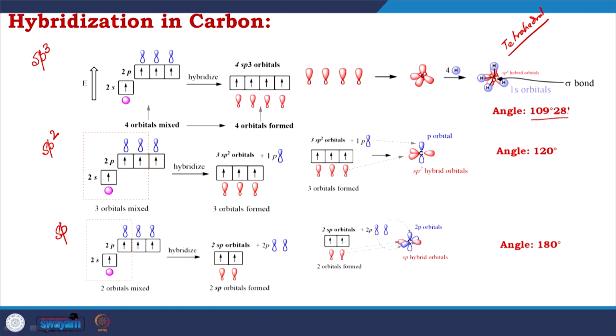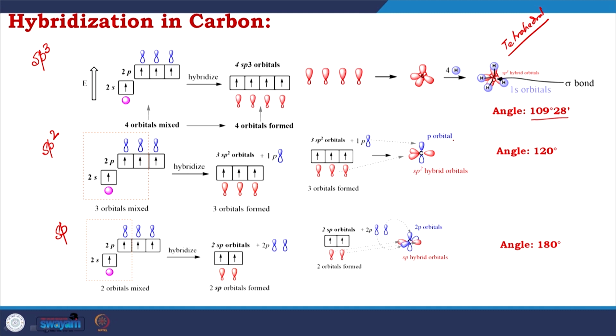For sp2 they take one s electron and 2 p electrons, so 3 sp2 orbitals and 1 p orbital. These 3 orbitals form the sp2 hybridization.